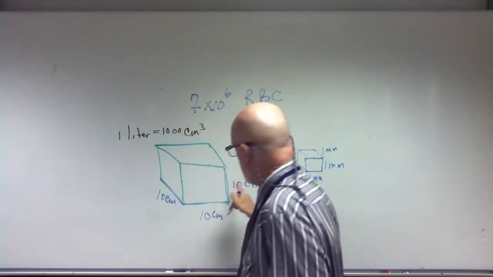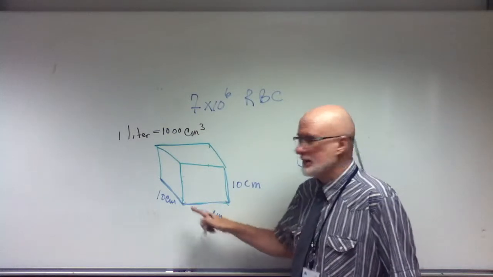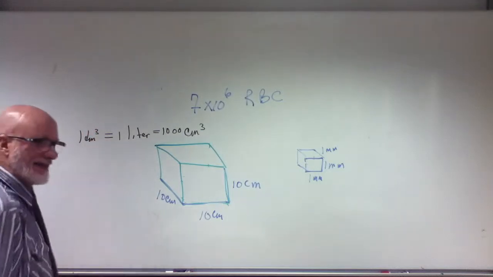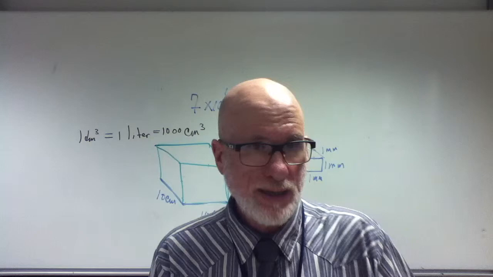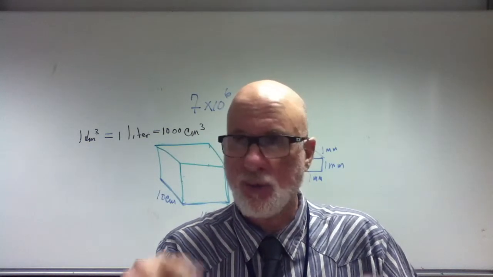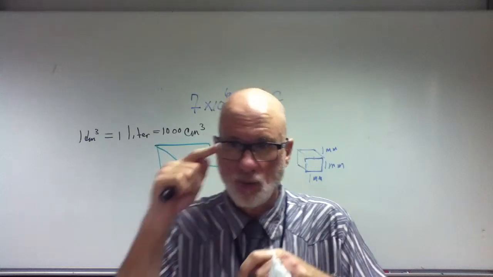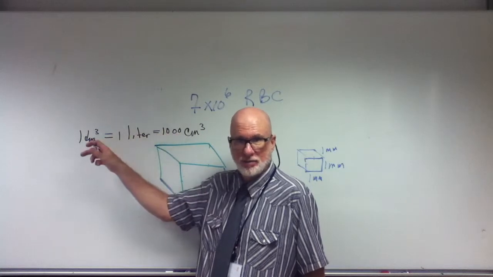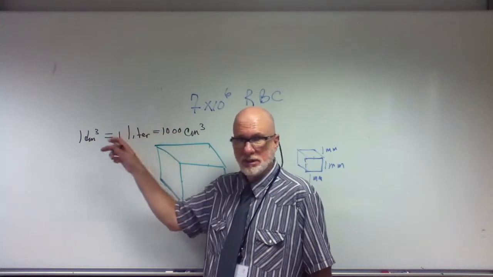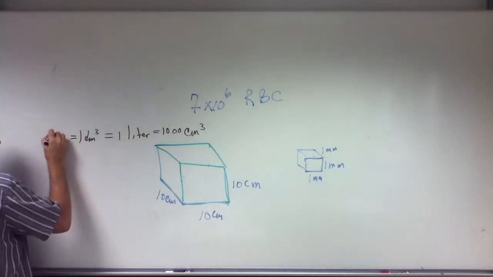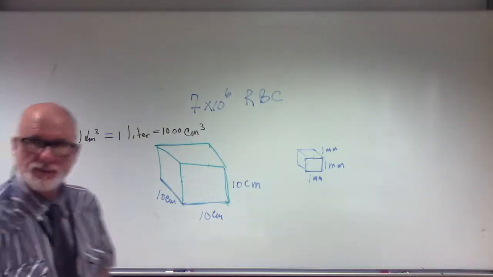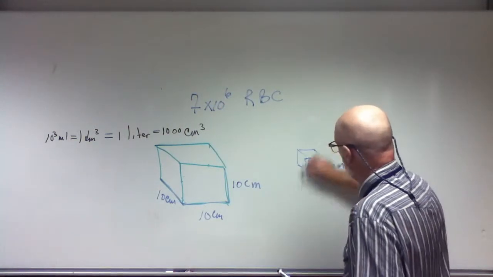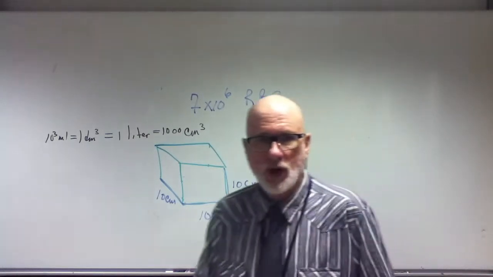So 1 times 1 times 1, decimeter, decimeter, decimeter, equals 1 cubic decimeter. Do you understand that this is true? Which also equals 1,000 milliliters. Yes? Easy?